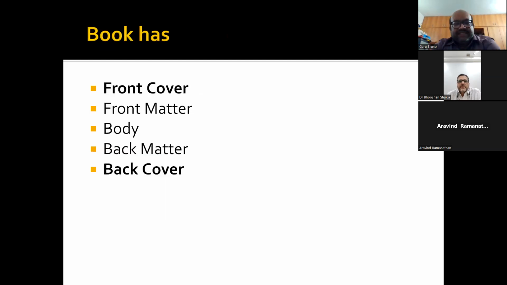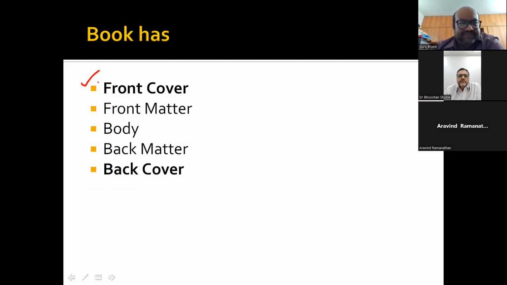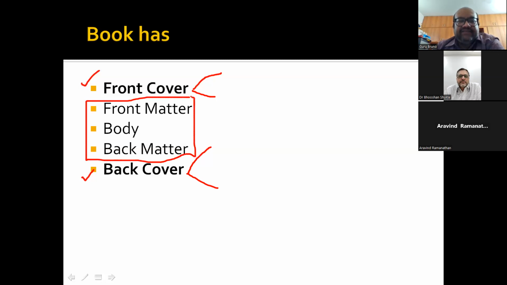So essentially the book, what is cover? You have a front cover and a back cover. Front cover has a front outer cover, then front inner cover. Back cover also may have back outer cover, back inner cover. Then you have what is called the inner matter, which you divide into three parts: the front matter, the body of the book, and the back matter.